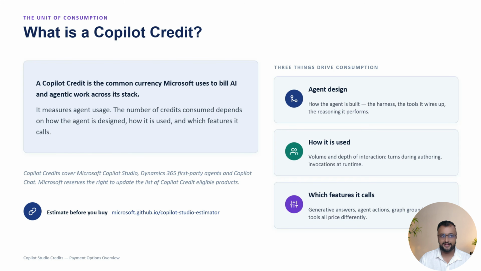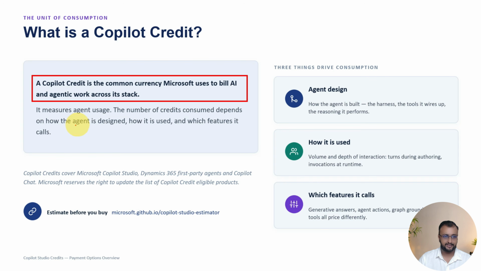First of all, let me explain what a Copilot credit is. Generally in the Copilot Studio world, a Copilot credit is the common currency Microsoft uses to build AI and agentic AI work across its stack. It measures agent usage, and the number of credits consumed depends on how the agent is designed, how it is used, and which feature it calls. There are mainly three things that drive the consumption.